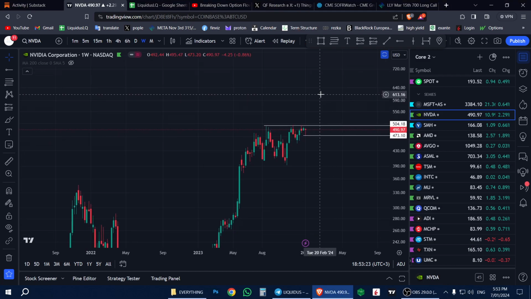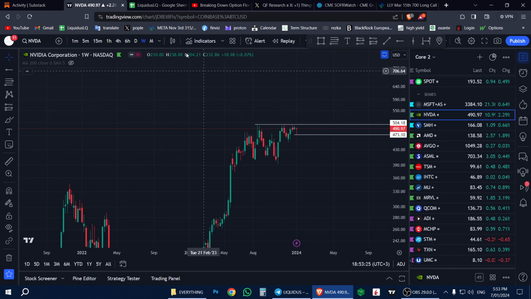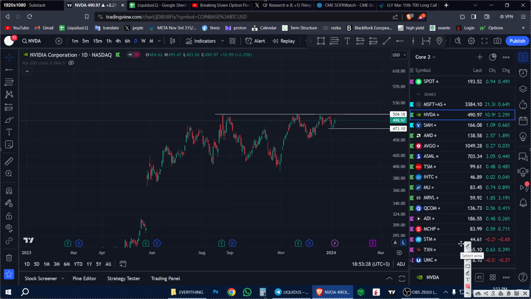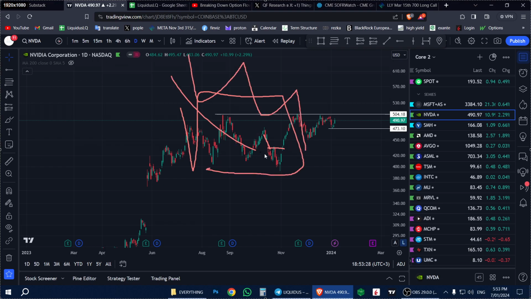This is one of the interesting dynamics to point out here. Right here, we've been calling for a negative flow and a potential negative move in Nvidia, with the mind that SPX, if you remember, has been building these lower highs because of the massive issuance and spiking yields.